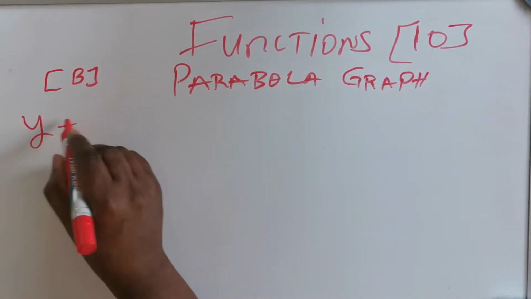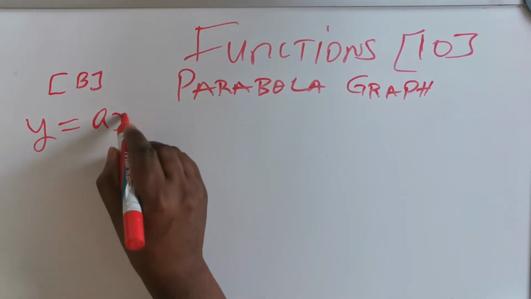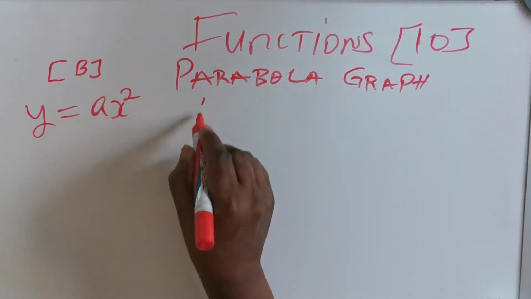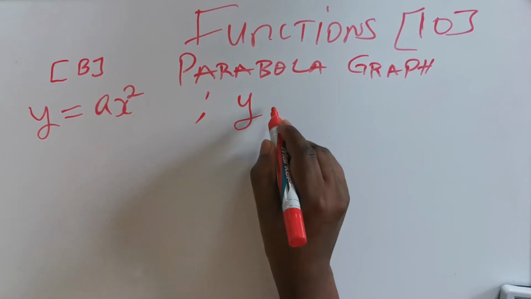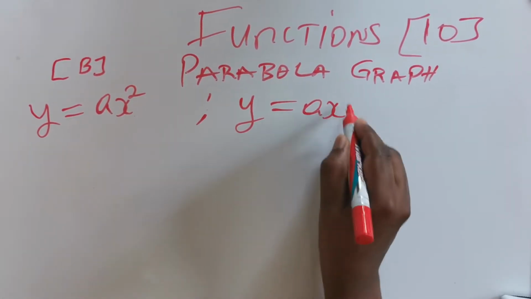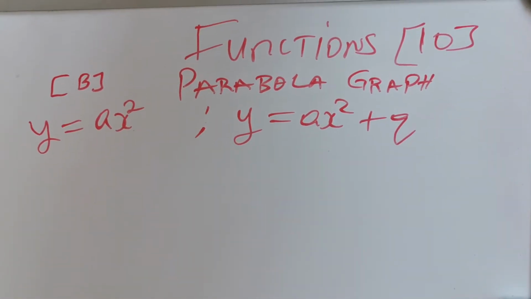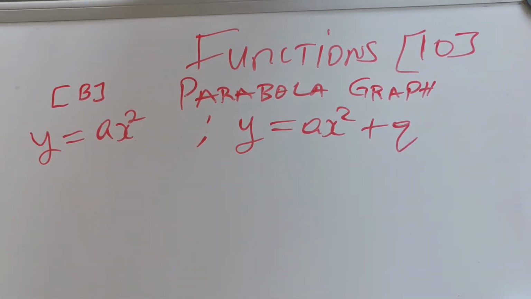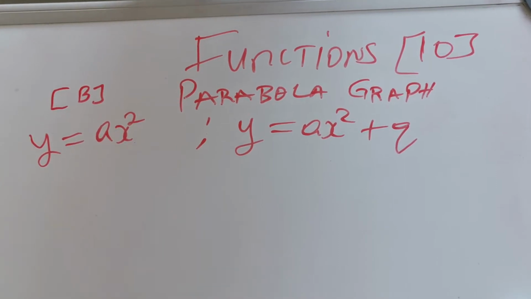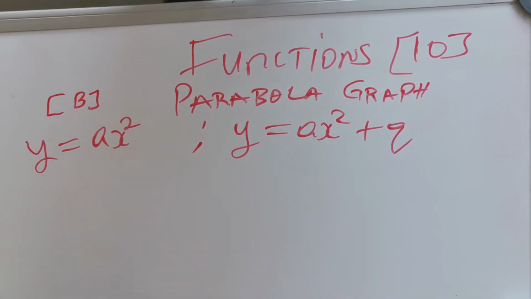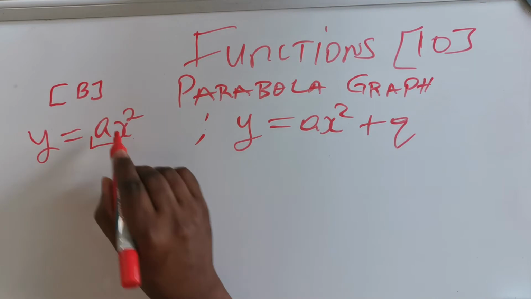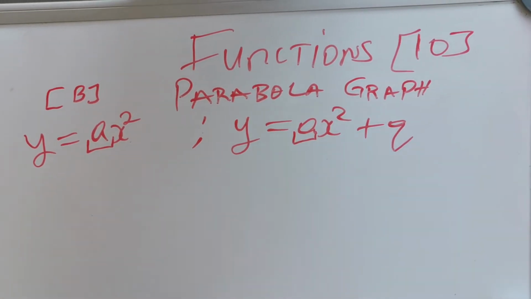There is this one, which is y equal to ax squared, and there is y equal to ax squared plus q. Now, for the straight line, the gradient indicates the shape. But here, what will indicate the shape of the graph is the a.